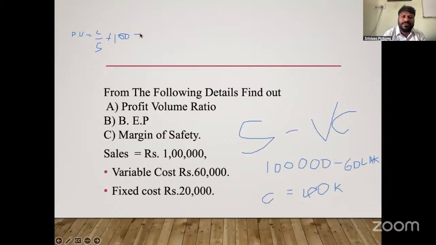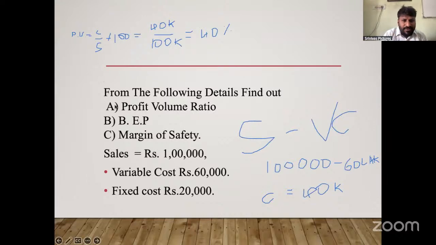That is 40,000 divided by 100K. Total 40% is the PV ratio.